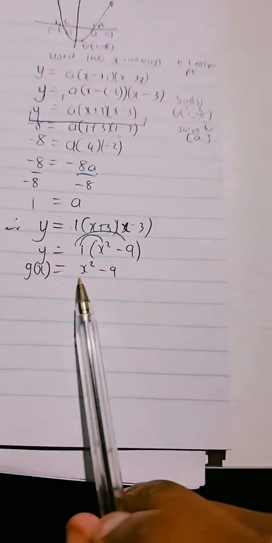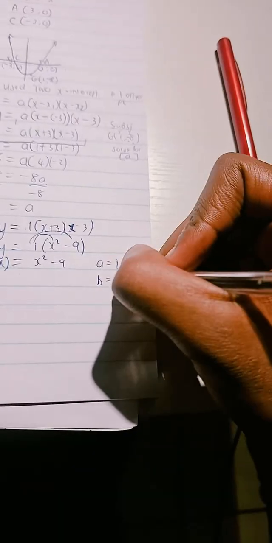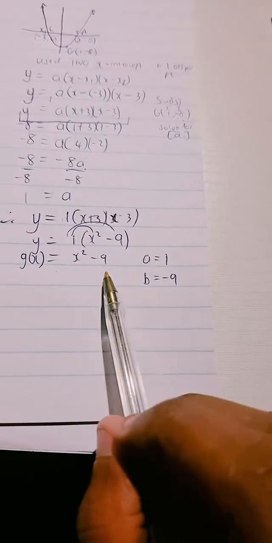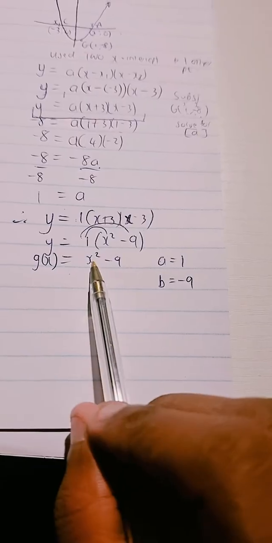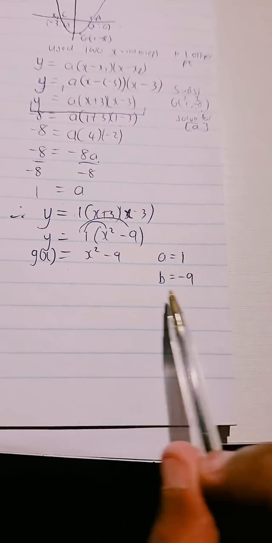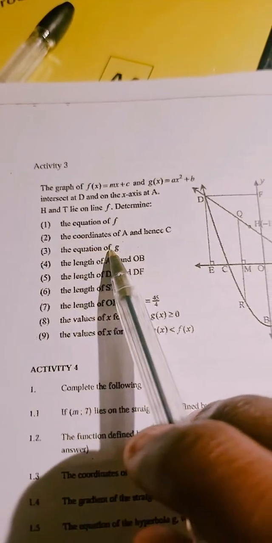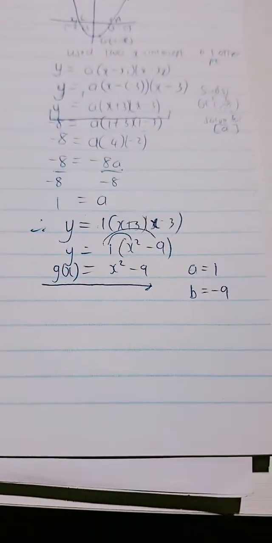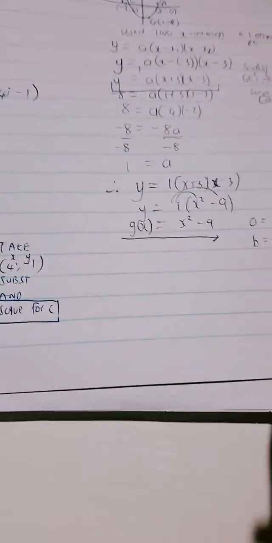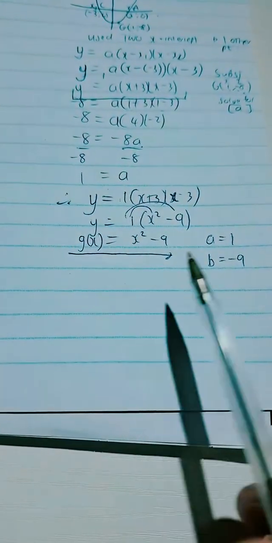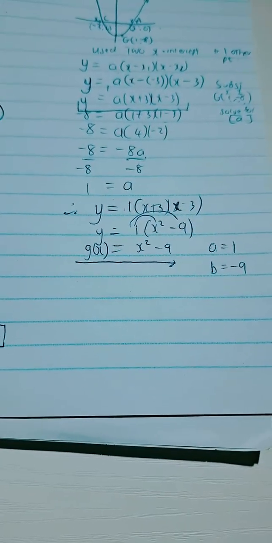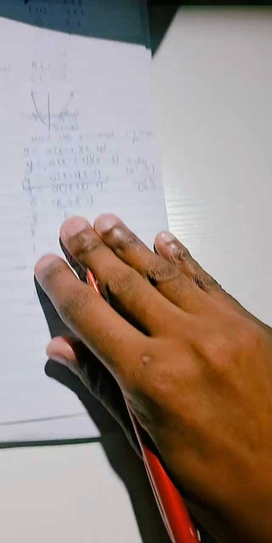But now we know that the actual value of A, if they had said find the value of A, we could say A is equal to 1, B is equal to -9. But this is the equation. They wanted the equation of G. We got the equation of G. We have it with us. They wanted it. We got it, guys.